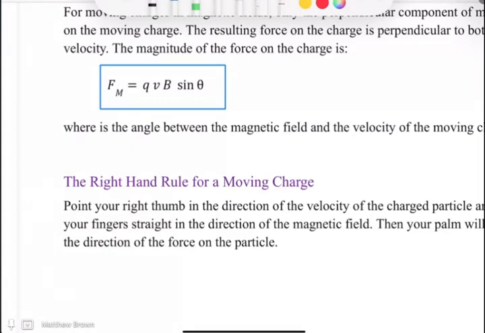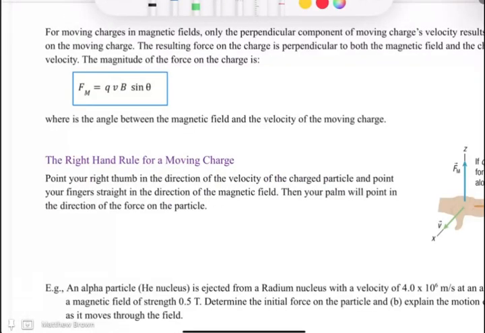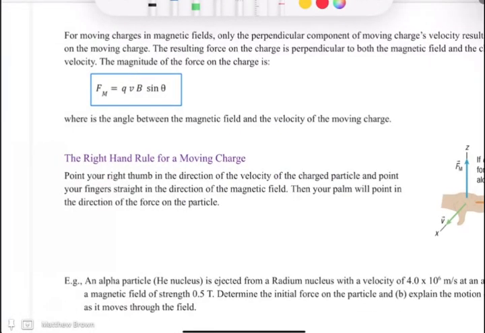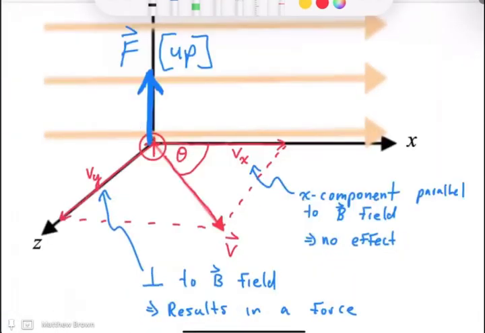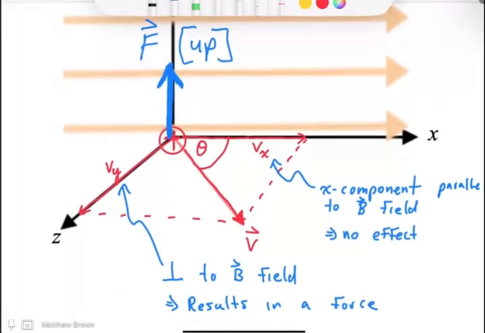So if you have the angle, and this is assuming this is the angle between the magnetic field and the velocity, right? Which if you go back to this little diagram I was giving you, because theta was relative to the magnetic field, you can see that there. So it's actually the sine of theta that you want.